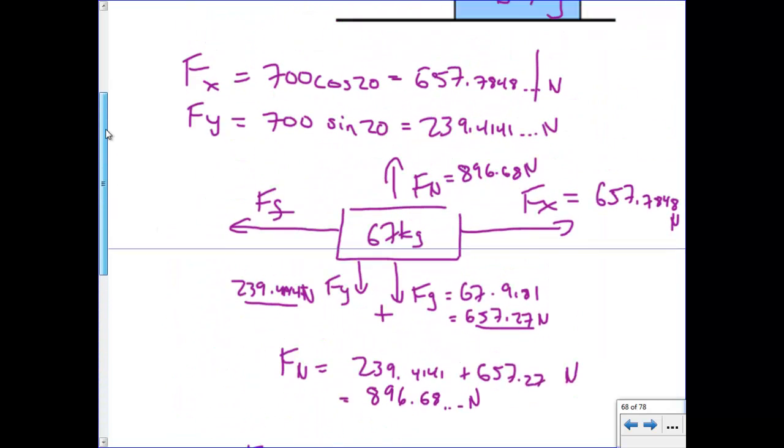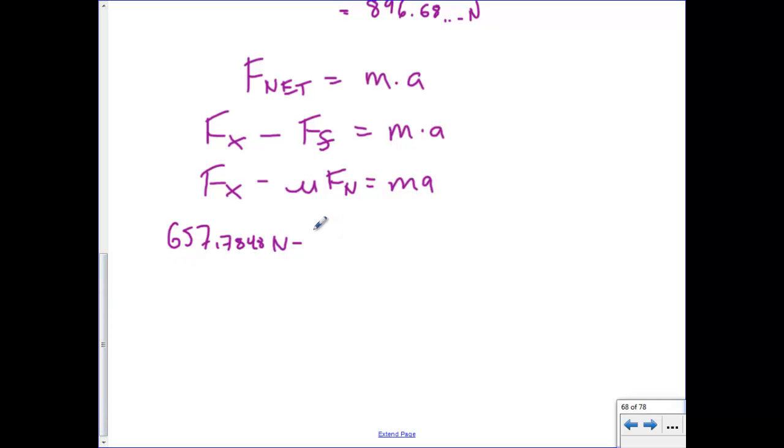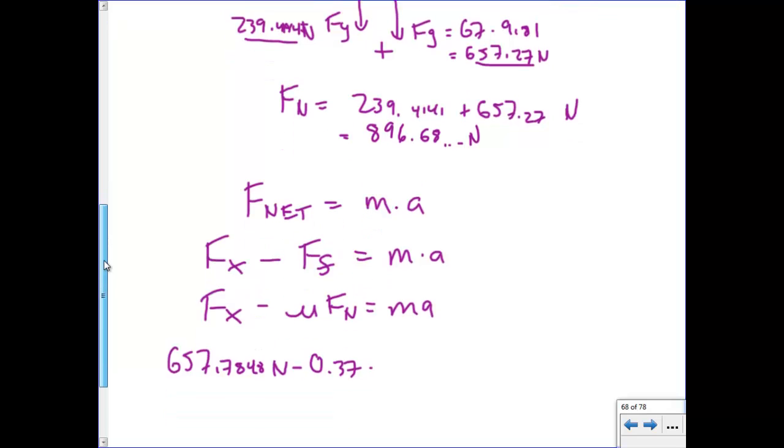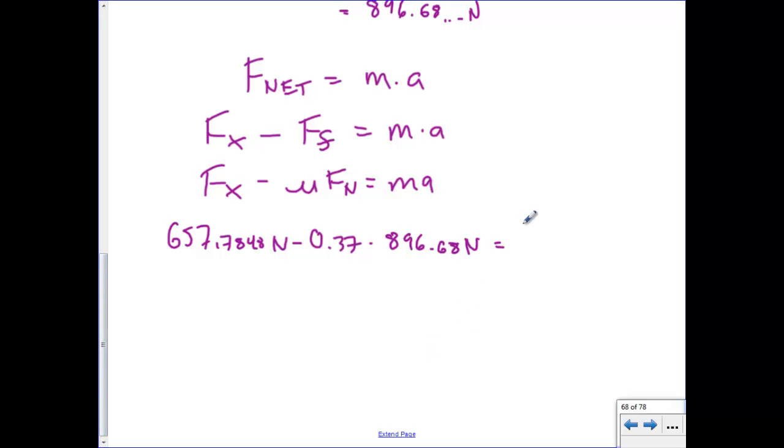It's somewhere up there at the top, right? 0.37. We've now found the normal force to be 896.68. The mass of the box was 67 kilograms. And we're looking for acceleration. So divide by 67.